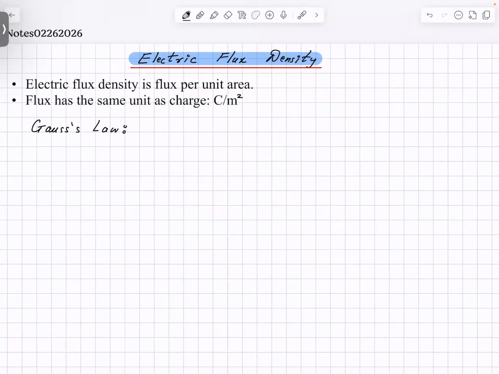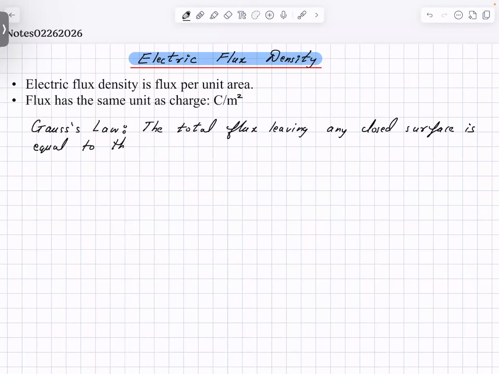What this law says is that the total flux leaving any closed surface is equal to the charge enclosed by the surface. And I'll explain what that means.